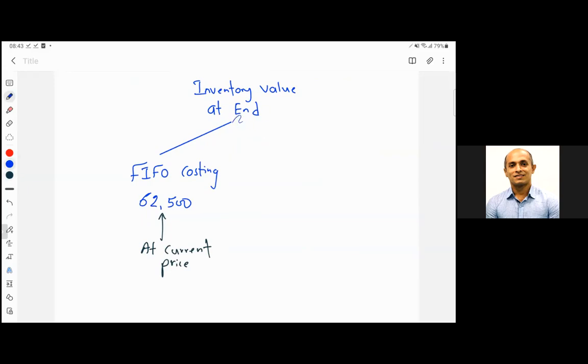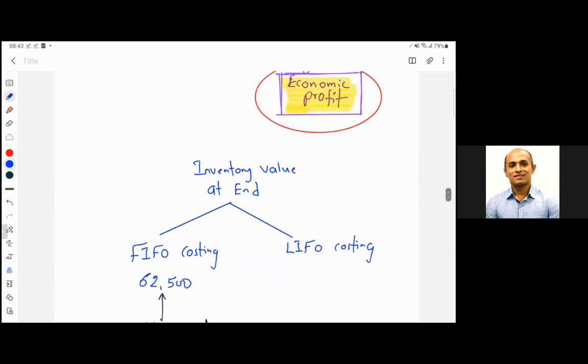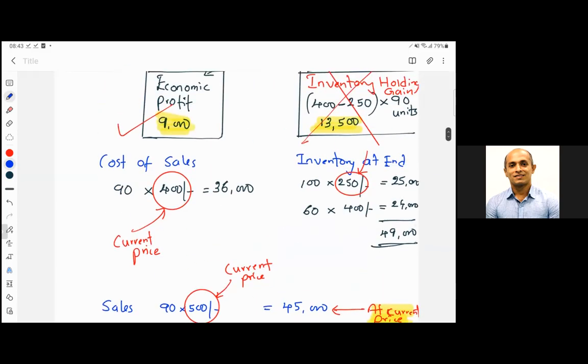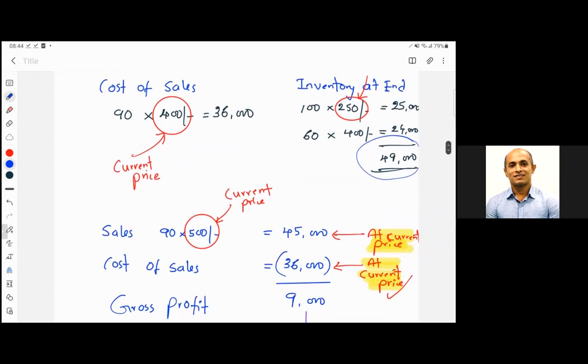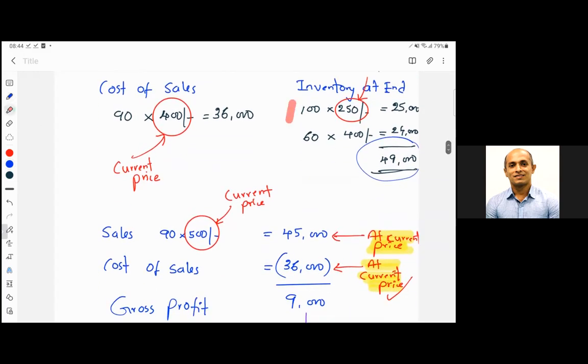But if you see LIFO costing, under LIFO costing you see inventory of 49,000. In this 49,000, a major part of the inventory is valued at the old price, 250.